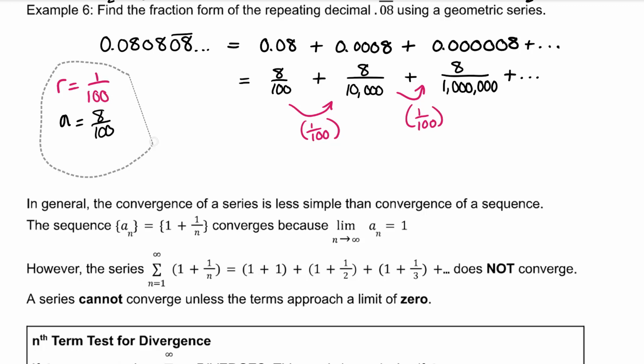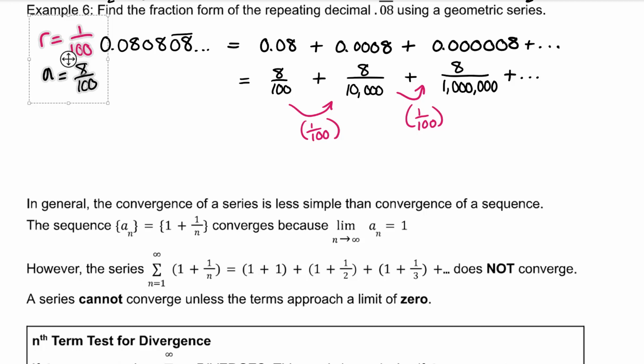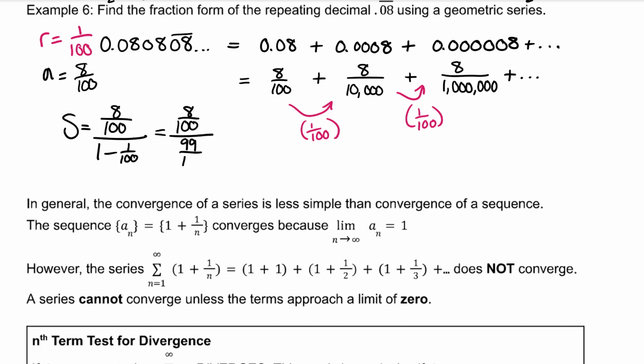To write this as a fraction, I'm going to use that sum formula that I had. The sum of a geometric series is equal to a over 1 minus r. This reduces to be 8 over 99. So if you wanted to write the decimal 0.08 repeating as a fraction, that would be 8 over 99.